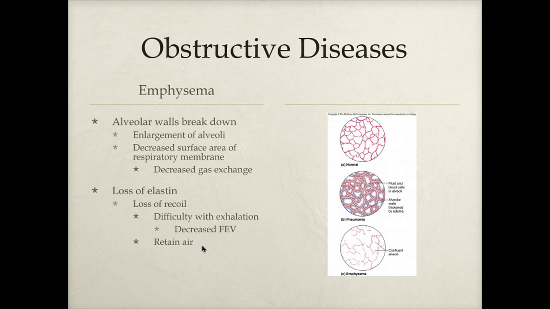So with this difficulty in exhaling, an individual with emphysema works very hard to breathe, and they will likely recruit additional muscles to help exhale. While it's normally a passive process, they'll be using a lot of energy to move air out of the lungs, and so a person with emphysema is often quite fatigued.